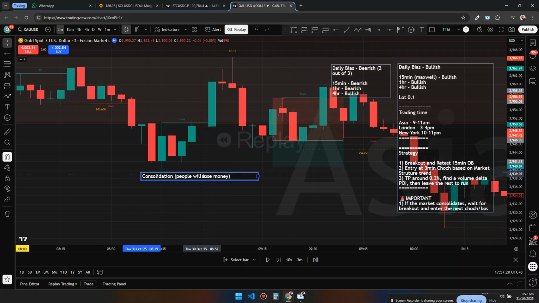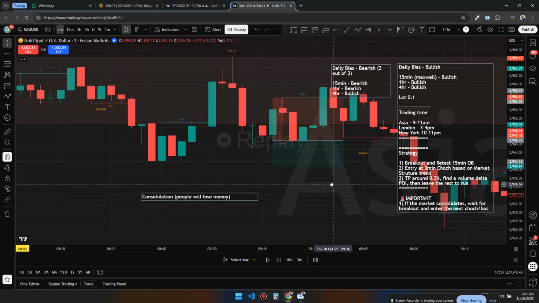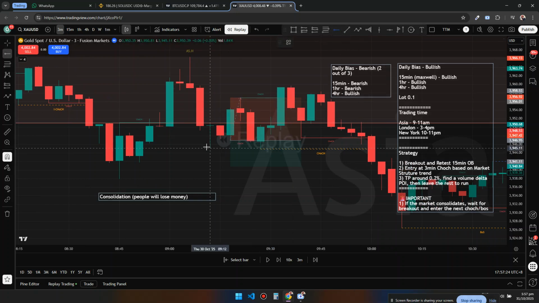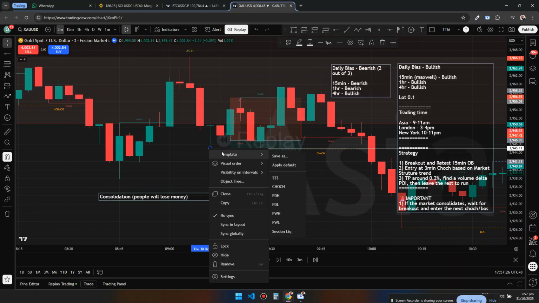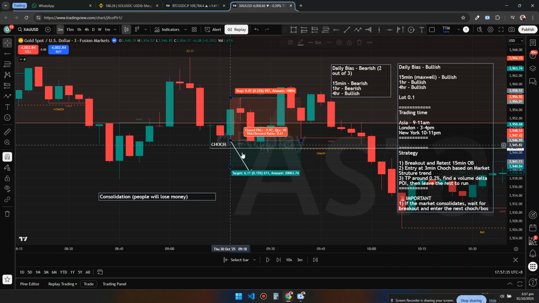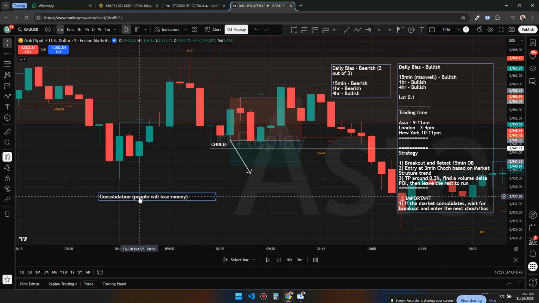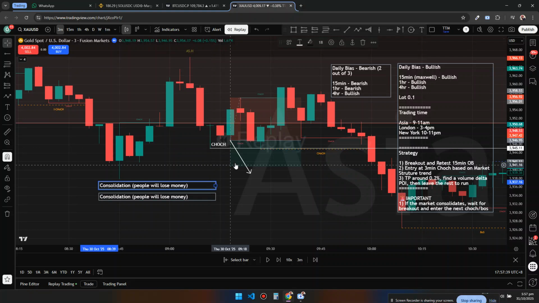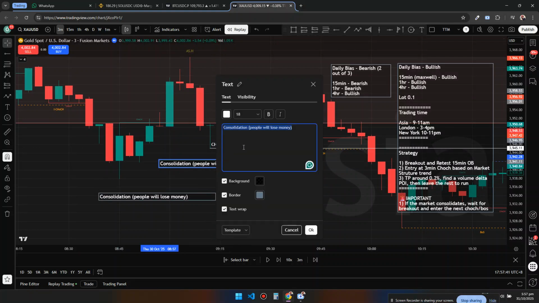This was something that I learned yesterday, and then I also learned that once price goes beyond this level, breaks below, price will explode downwards.